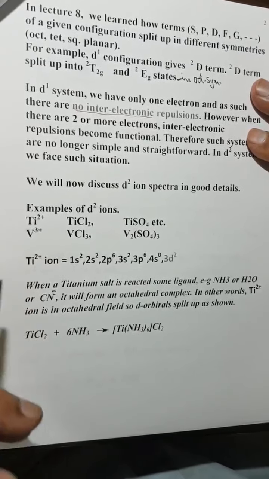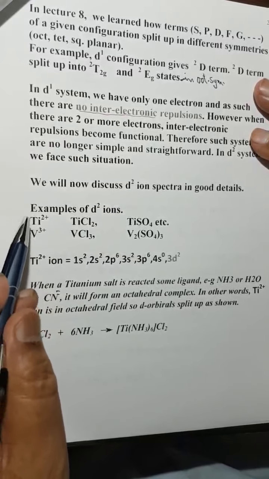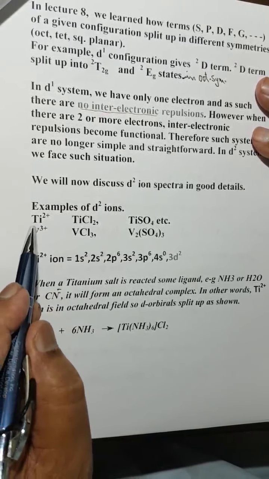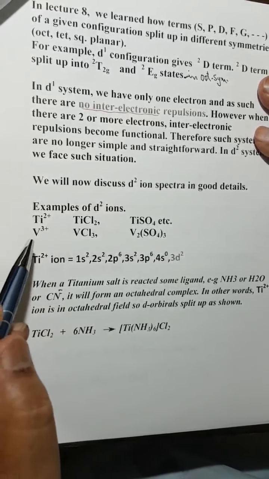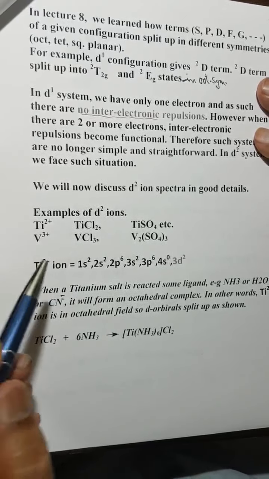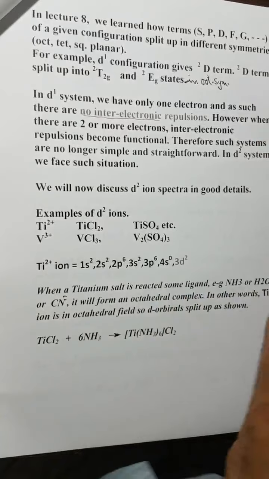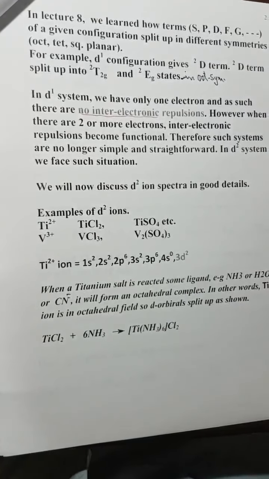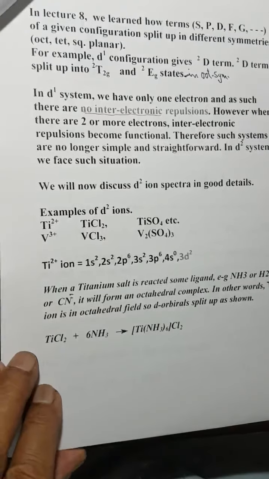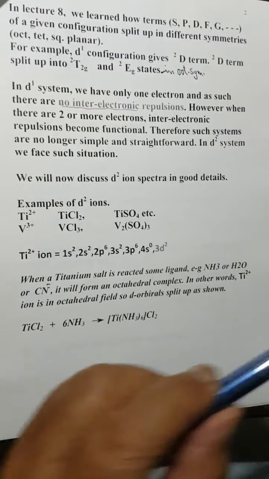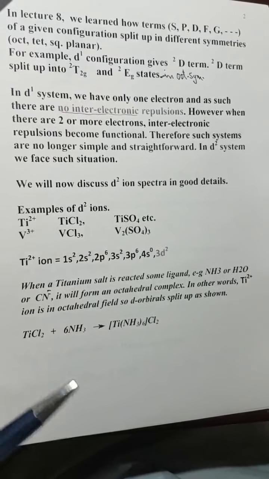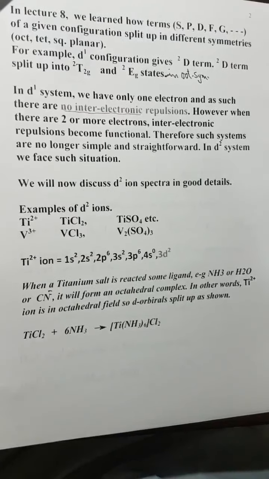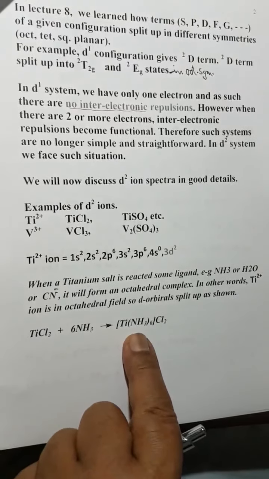I'm just quoting 2-3 examples of d2 systems: titanium and its salts or complexes, vanadium complexes. You know very well, I have written here, when it combines with some ligand, maybe ammonia, water, cyanide, ethylenediamine, or whatnot, then it forms a complex.